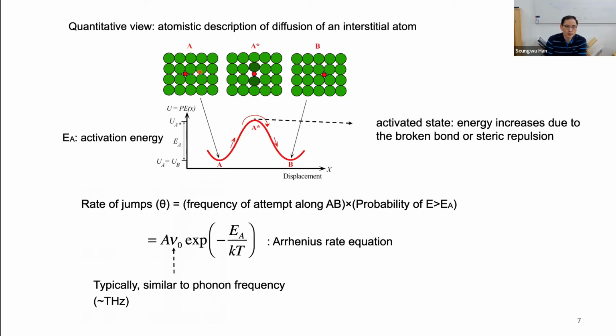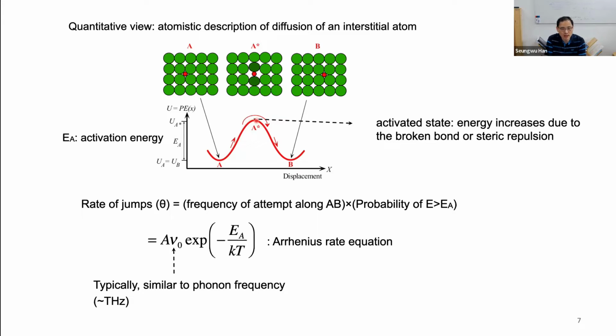And with the atomistic description of the interstitial atoms, we can go further to look into the mechanism. In order for this interstitial atom to jump to the next site, it first breaks the bonds with the lattice atom and also pushes out the neighboring atoms, and therefore the energy increases along the path.